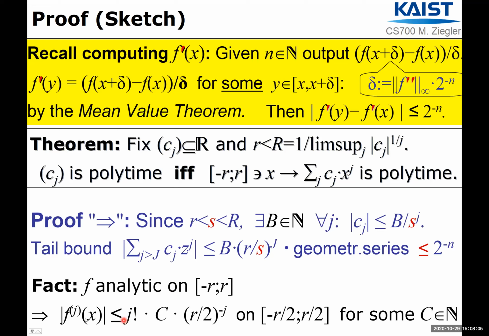Namely, the rate of growth of these iterated derivatives is j factorial, that's the factorial from the iterated differentiation of the power series, times some constant c, we had called that b on the previous slide, times r over 2 to the minus j, right? So this is expressing basically that the radius of convergence is now at least r over 2 at this shifted point.